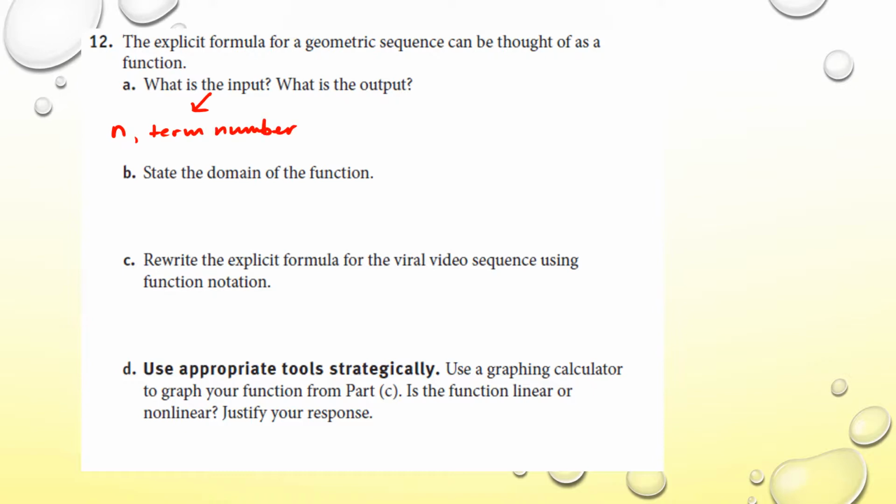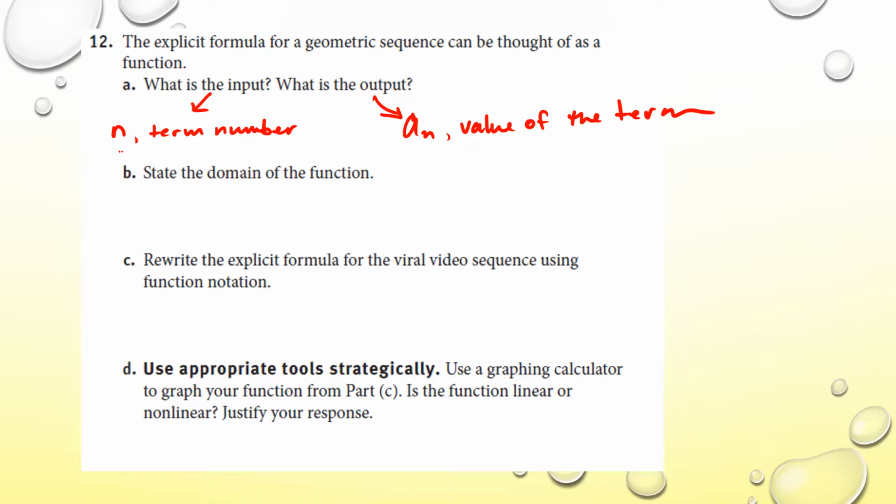And the output is A sub n, which is the value of the term. Like the first term was 1, but the second term was 3. So if I put in a 2 for my term number, then my output, my A sub 2, would equal 3, because 3 people saw the video on stage 2.